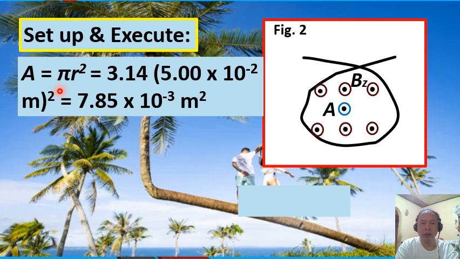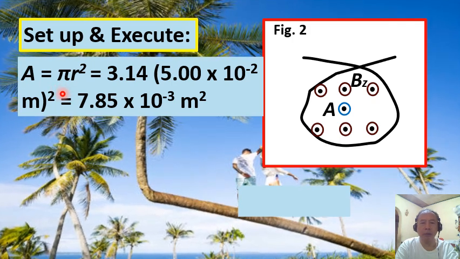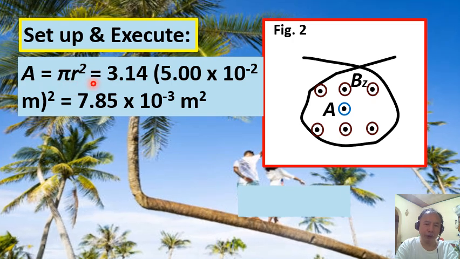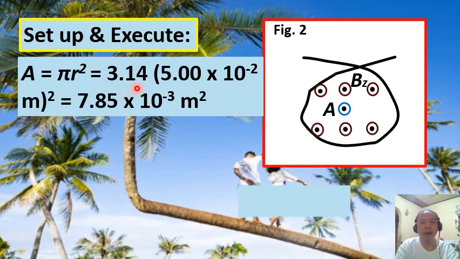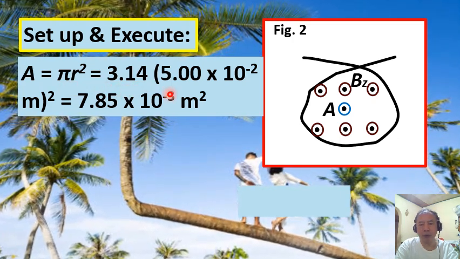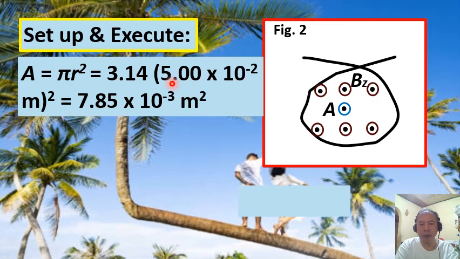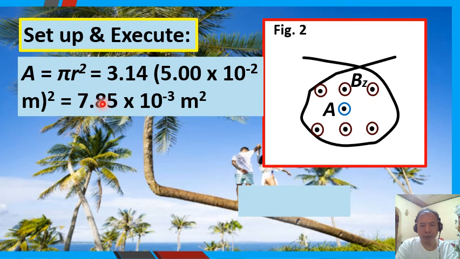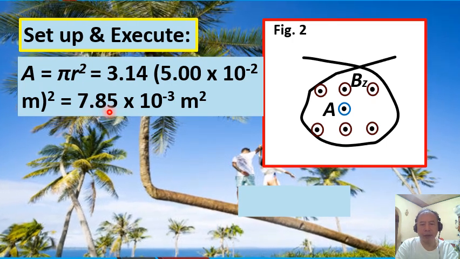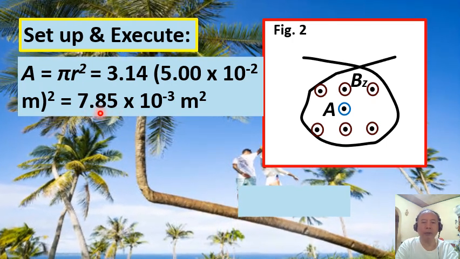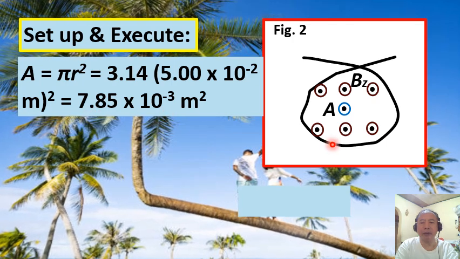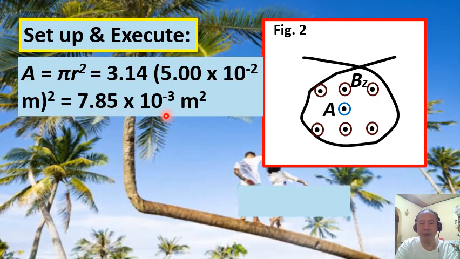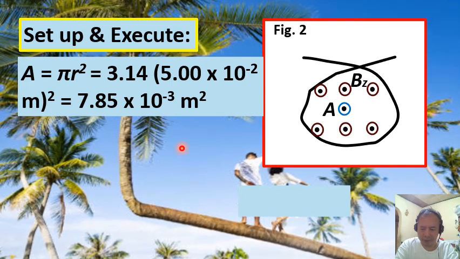Of course, that is just equal to pi times the square of the given radius, or 3.14 multiplied by the square of the given radius, 5.00 times 10 to the negative 2 meters. So we get the magnitude of the area vector A, or the cross-sectional area of the coil, equal to 7.85 times 10 to the negative 3 meters squared.